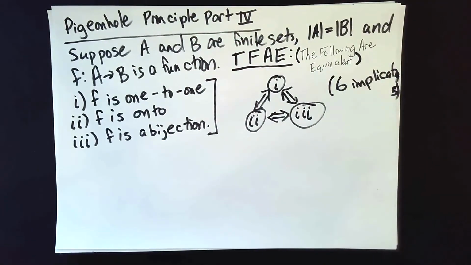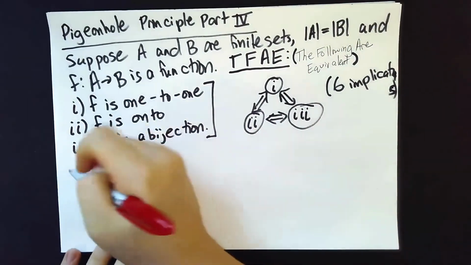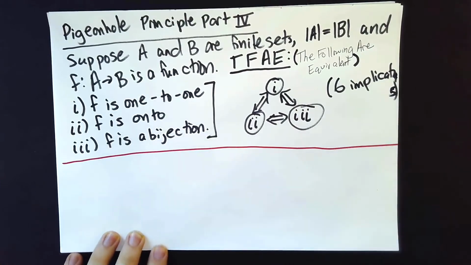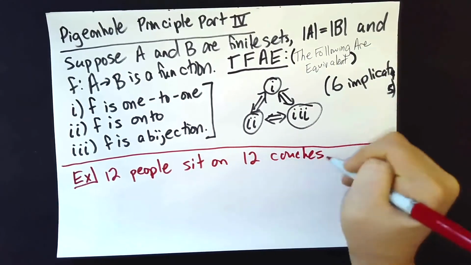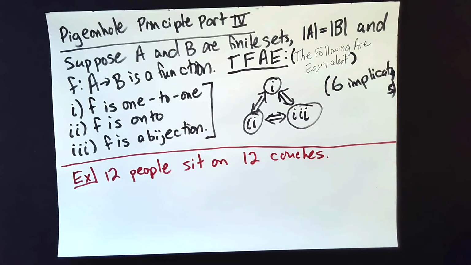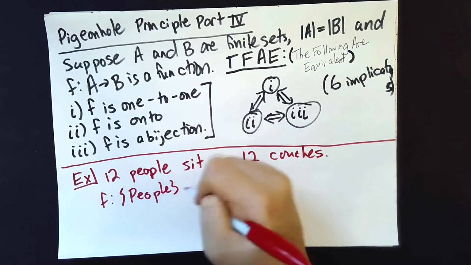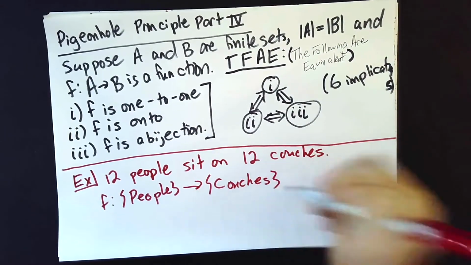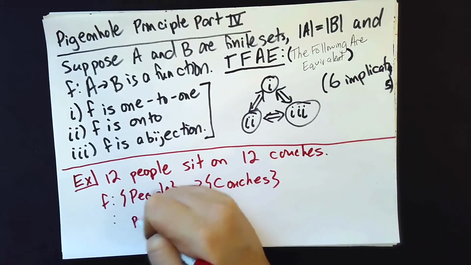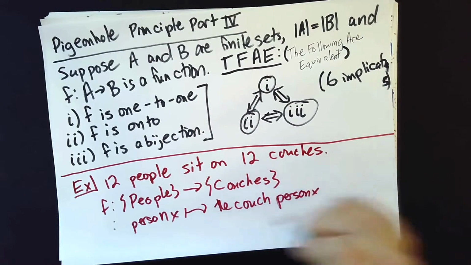Now, I can make this statement a little bit more intuitive if I think of a function that is more concrete. So let's say I have 12 people sit on 12 couches. This gives me a function from the set of people to the set of couches. And here a person, I'll call them person X, they get mapped to the couch person X sits on.